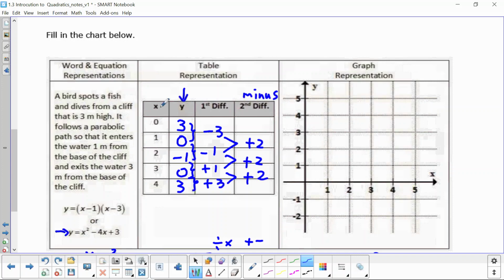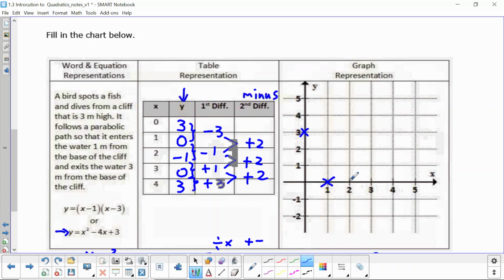So now we are going to use the first two columns to find the points on the graph. The first point is 0, 3. So x is 0, y is 3. The second point is x equals 1, y equals 0. So x equals 1, y equals 0. There is no up or down. 2, negative 1.